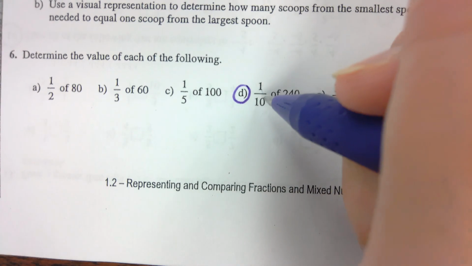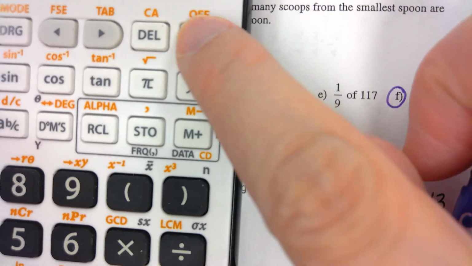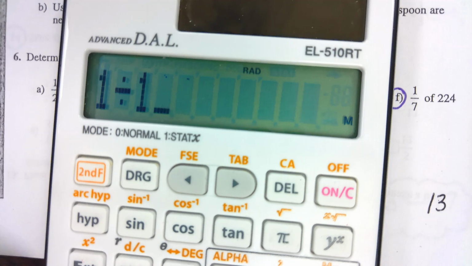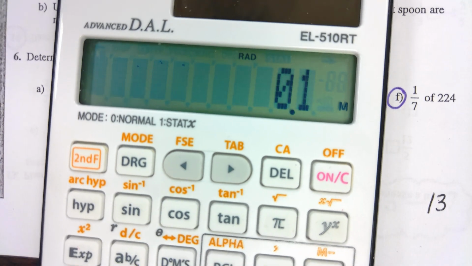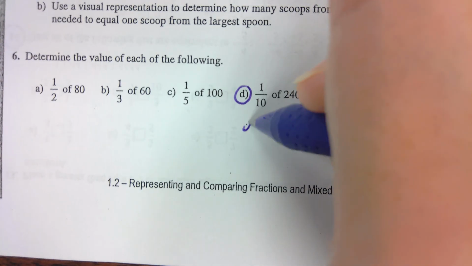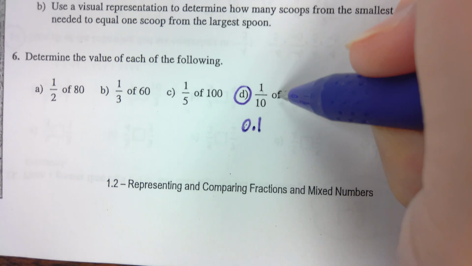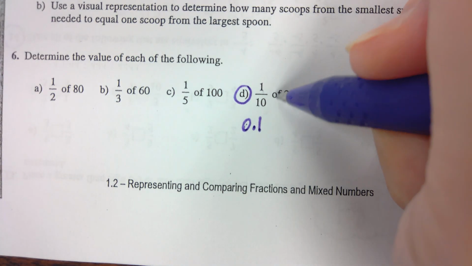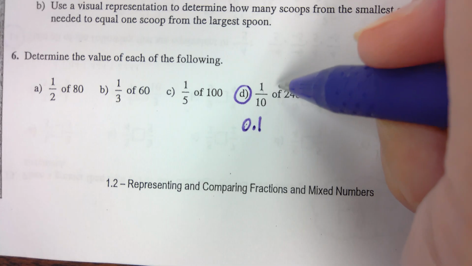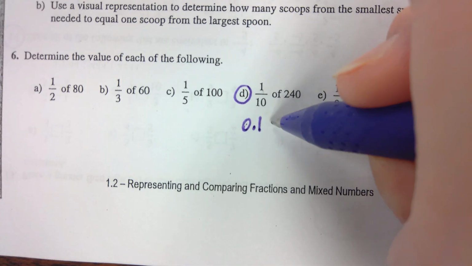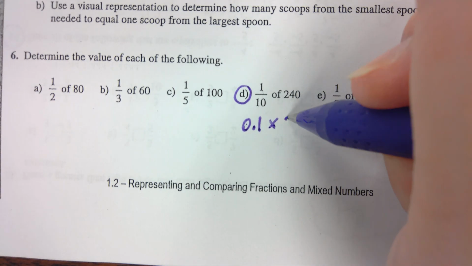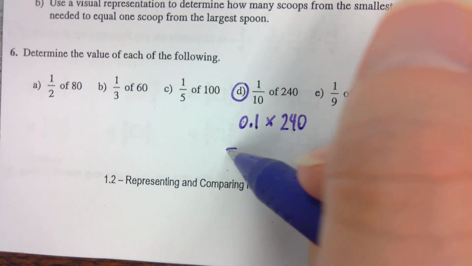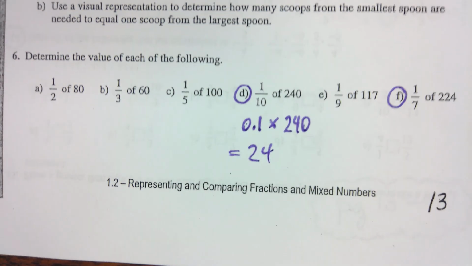So 1/10 is the same as 1 divided by 10, which is 0.1. What does "of" mean? Add, subtract, multiply, divide? Multiply, good. And 240 means 240. So when you multiply it, you get 24. That's your answer.